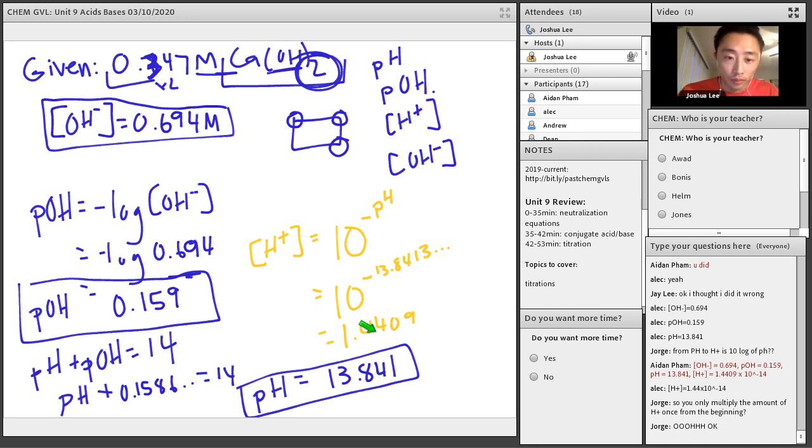That's a 4 times 10 to the negative 14th molar H plus. All right. So 1, 2, 3, 4. 4 different answers from this one problem.